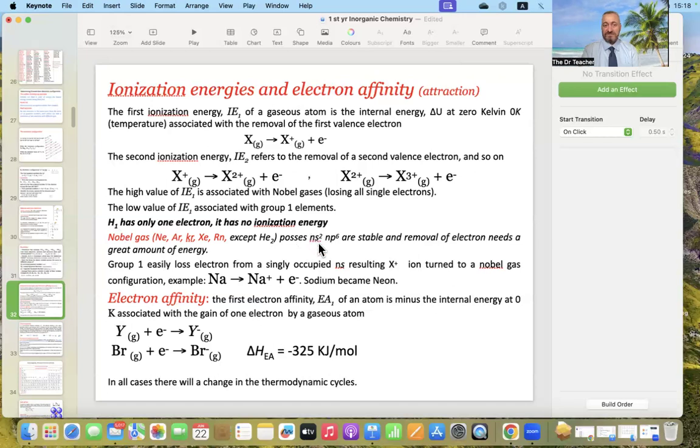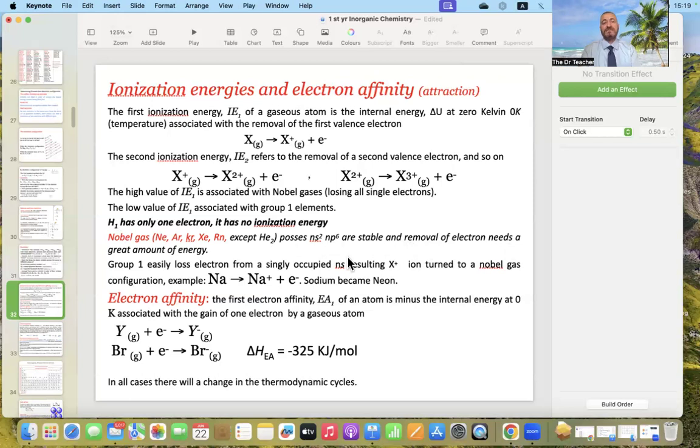Noble gases, neon, argon, krypton, xenon, radon, except helium, possess ns2. You remember, these possess the last orbital ending with s2 because it's filled with electrons. I don't know what the number n is. Is it 1s, 2s, 3s? It depends on the element, the atomic number. And then np6 are stable.